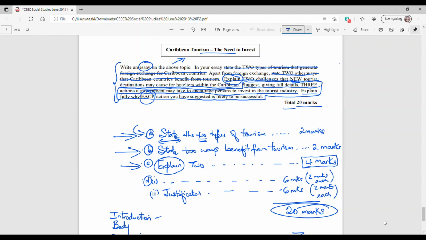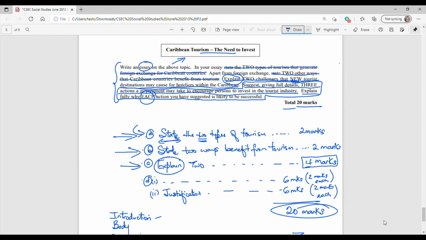So for example, we're going to go back to our paper. Let us just look back at the question again. It says 3 actions a government may take to encourage persons to invest in the tourist industry. So far we would have had our introduction, which took in 2 parts of what they're asking us to do.